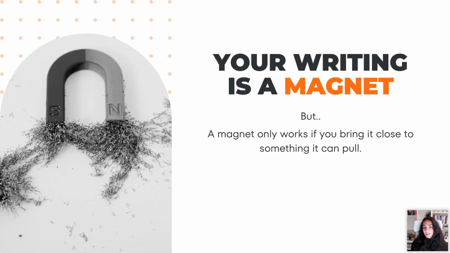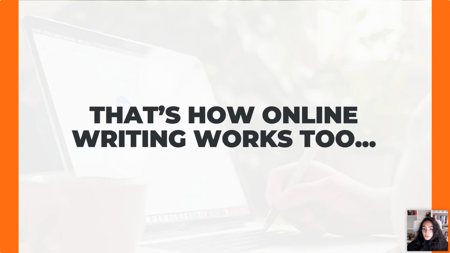And therefore, this piece of writing doesn't have any chance to actually attract anything. It cannot attract opportunities. It cannot attract an audience. It will just sit there being basically a waste of my potential or not being able to actually do something for me. And that's how online writing works too.